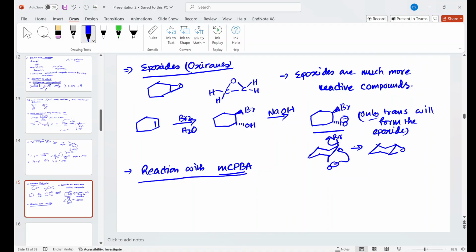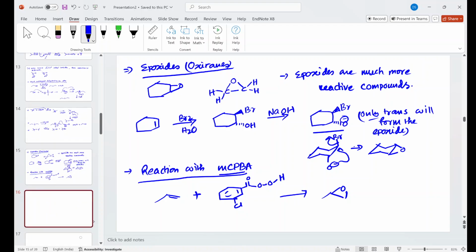So the structure is like metachloroperbenzoic acid. Okay, if you react it, it will form the epoxide. Okay. So this mechanism you don't need to know at this stage.